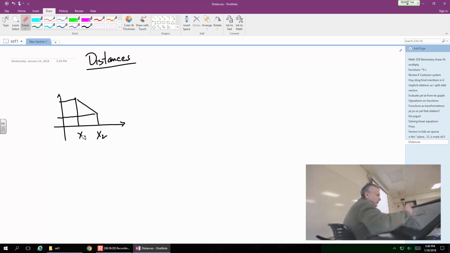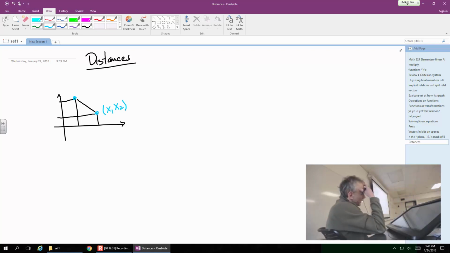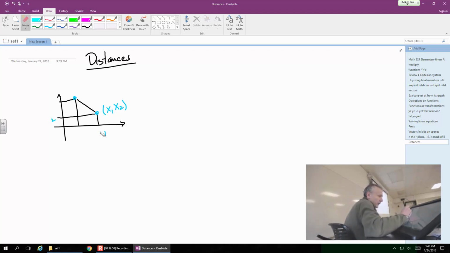So we have 2 points. Let's say x1, x2. Just for the sake of the n-dimensional idea, even though this is the xy plane, I'll try to use the notation with subscripts to indicate the dimension clearly. So that point in blue has coordinates x1, x2. This is x1 and this is x2. Actually, I don't like x here. How about I put a instead of x?